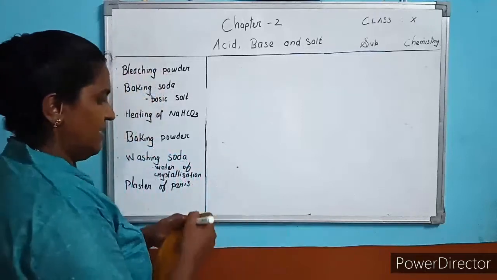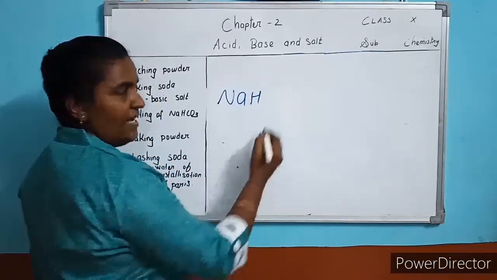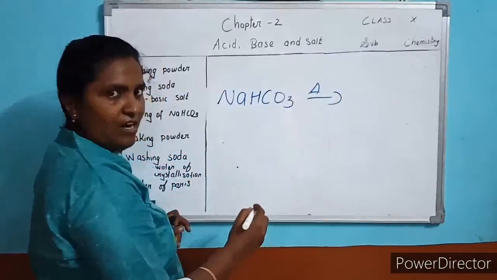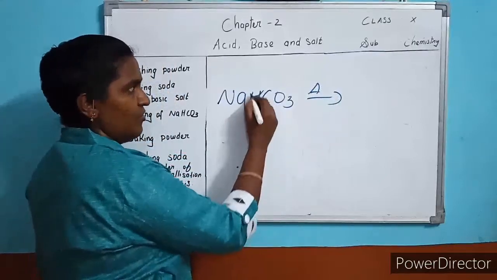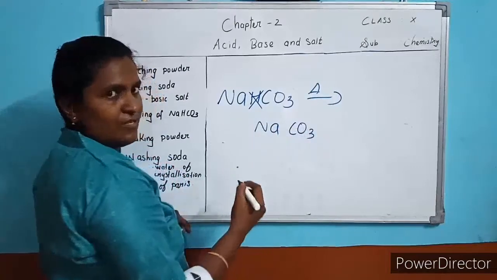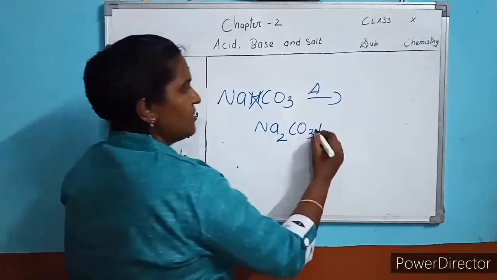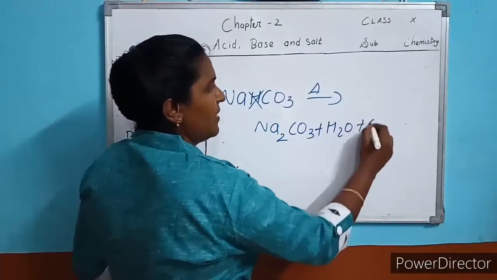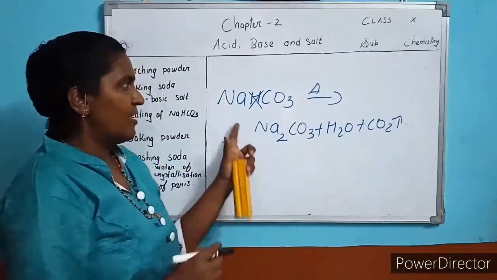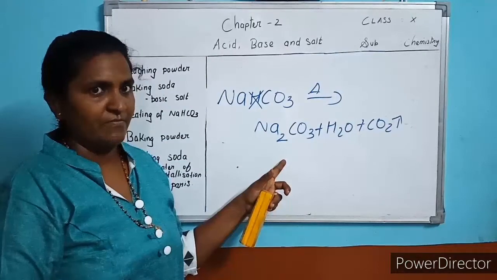Here baking soda, sodium bicarbonate, on heating, you get salt. You don't write the hydrogen, you get the salt, sodium carbonate. Okay, carbonate valence is 2. Salt, water, and carbon dioxide gas. Understood? What will happen on heating bicarbonate? You will get sodium carbonate.